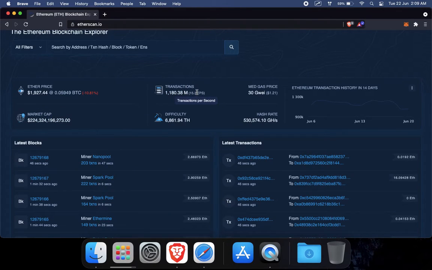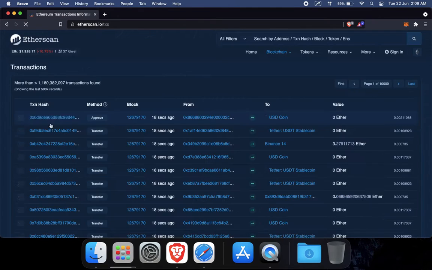Transactions, right, 15.2 transactions per second. Total transaction counter is 1,180 million, if I'm not mistaken. So it's a lot of transactions. Okay, median gas price. I'll talk about that in a minute. Can I click on this? Yeah, this is clickable.